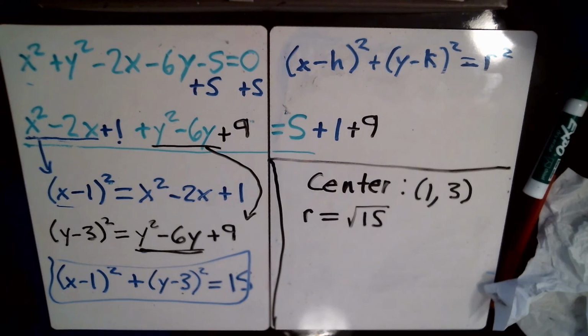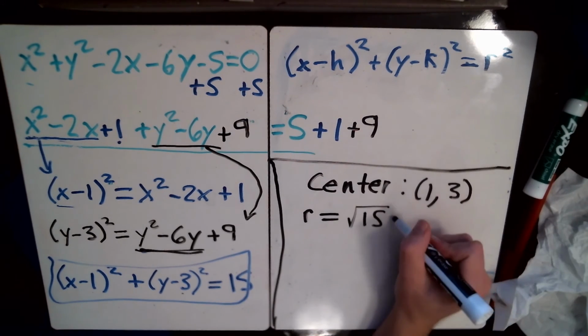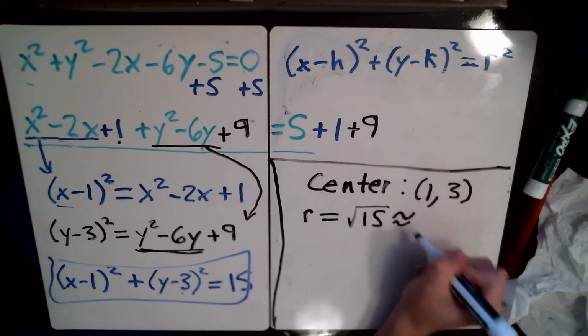So what is this going to look like as we sketch a graph of it? Well, let's see. Before I do that, I do want to figure out what the square root of 15 is as a decimal so that I can kind of estimate what the graph is.